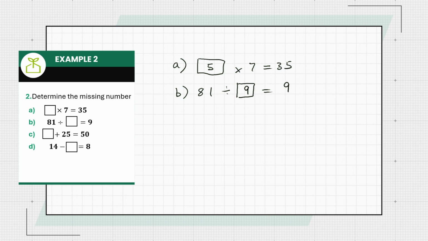So 81 divided by 9 will get 9. For C, we have some number plus 25 is equal to 50. Well, 25 plus 25 is equal to 50. D, we have 14 minus something is equal to 8. Well, 14 minus 6 is equal to 8.